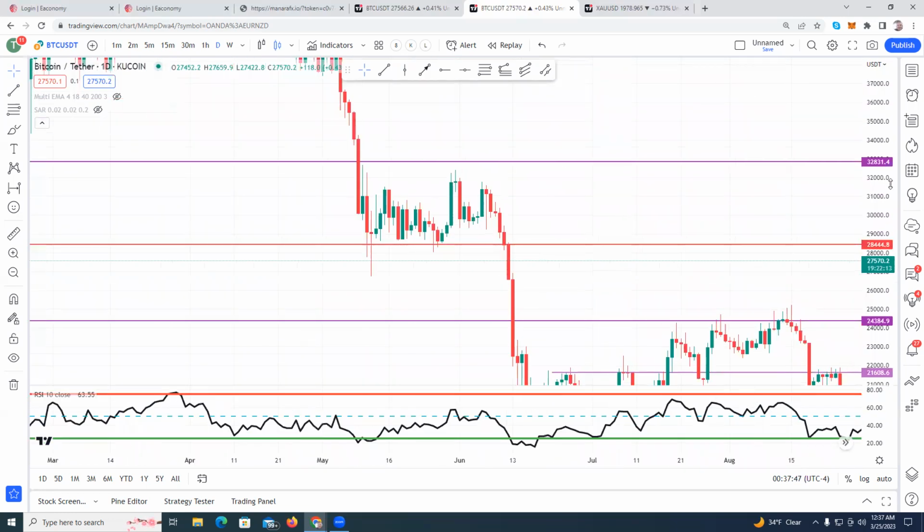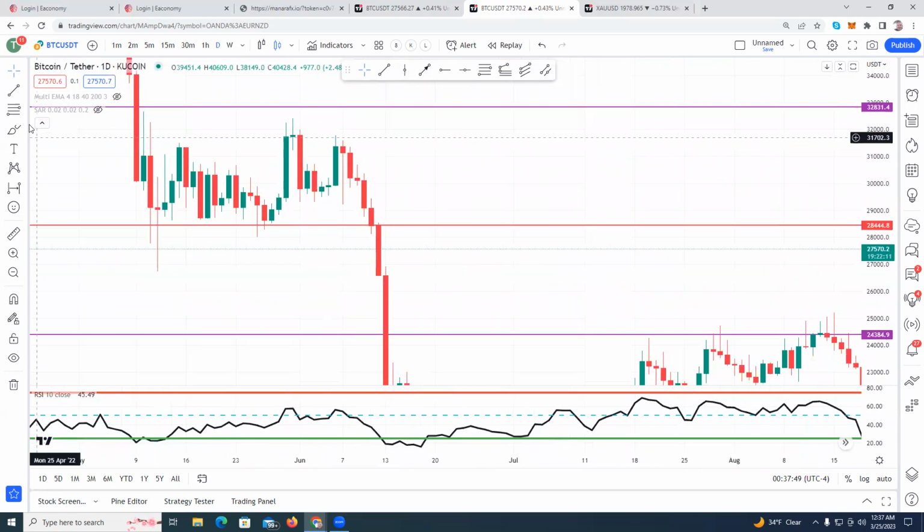So here's where price action currently is, right?